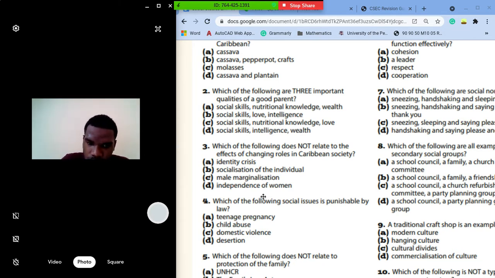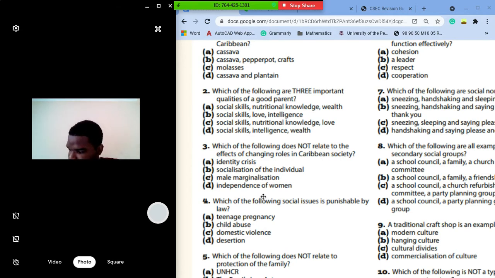Yes, sir. Which of the following social issues is punishable by law? Is it A, teenage pregnancy, B, child abuse, C, domestic violence, or D, desertion? Domestic violence is when you abuse your partner, right? Right. Child abuse can be emotional abuse, verbal abuse.